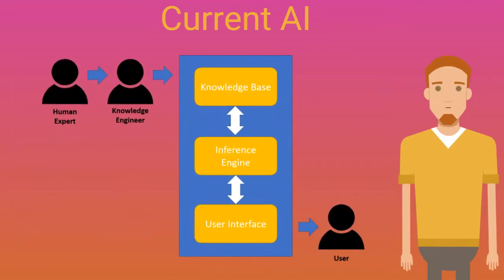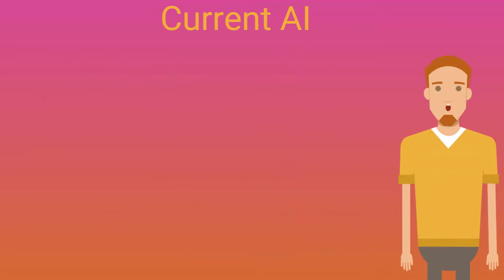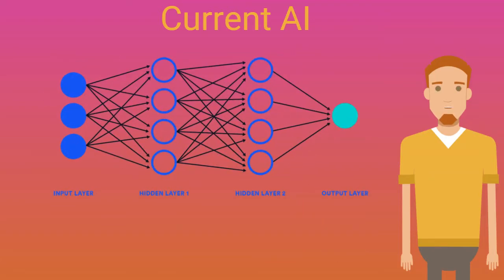There are currently many expert systems that use human expertise to make complicated decisions. These systems make use of a set of rules, and then if-then statements. AI is also introducing deep learning. Deep learning is based on an artificial neural network that comprises several layers.